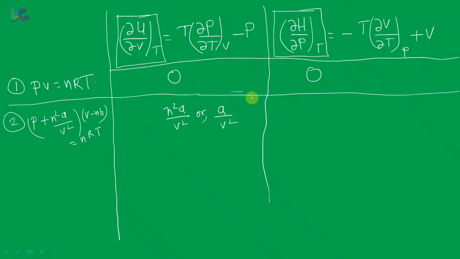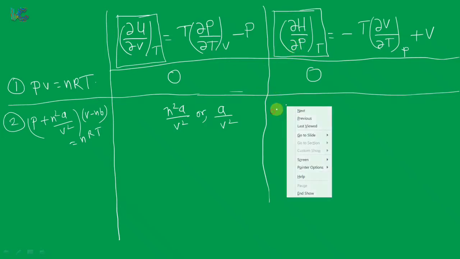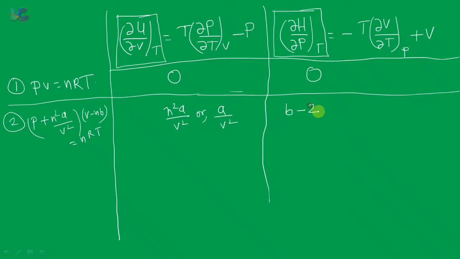And if you want the value of del H del P at constant T for van der Waals gas, then it is nB minus 2nA by RT, and for 1 mole, put n equal to 1, then you will get B minus 2A by RT. Fine, B minus 2A by RT.